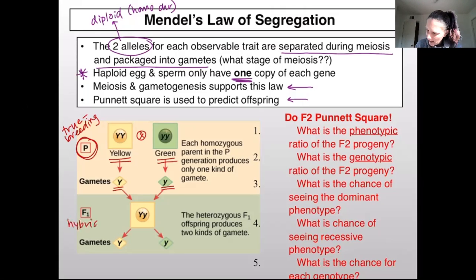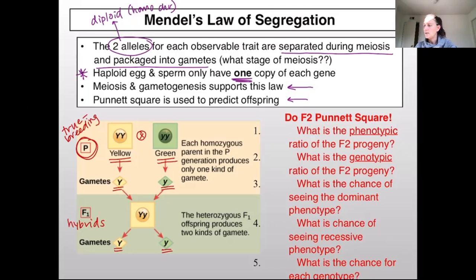These are the hybrids. You have one of both alleles, right? And those offspring can make two different kinds of gametes. You can make a big Y or a little y. And again, this has to do with the law of segregation. You go from having two copies of every chromosome to one copy when you make your gametes, right? You go from diploid to haploid.